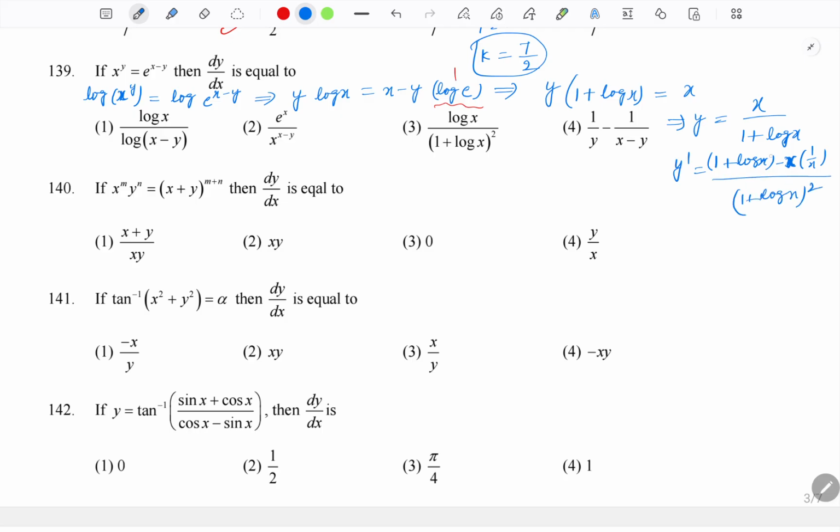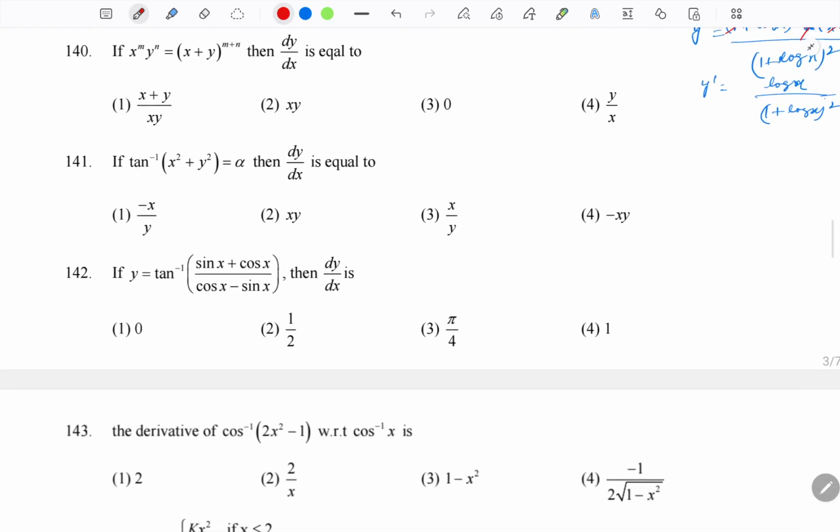Here x will be cancelled, and this one minus 1 and this plus 1. So what is the remaining answer? y dash equal to log x by 1 plus log x whole square, which is option number 3.